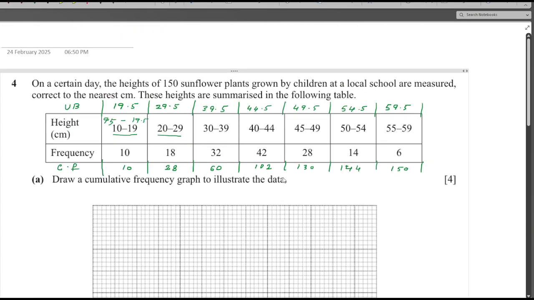The first value is 19.5, so I can start from 19.5. Let us begin from here and name this 19.5.